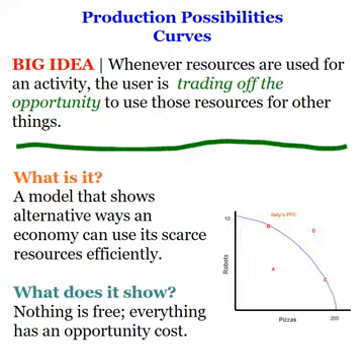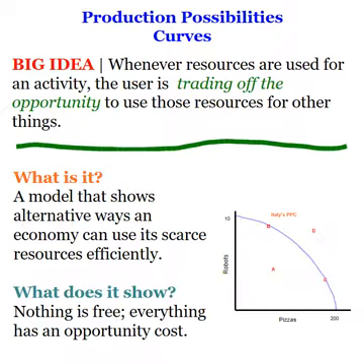If we are instead producing on this point of the curve, we're focusing only on pizzas and making 200 pizzas and 0 robots. So it is not possible to make the maximum of both. You can't make 10 robots and at the same time make 200 pizzas.